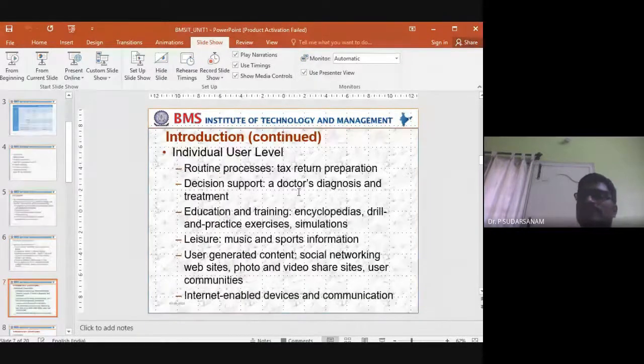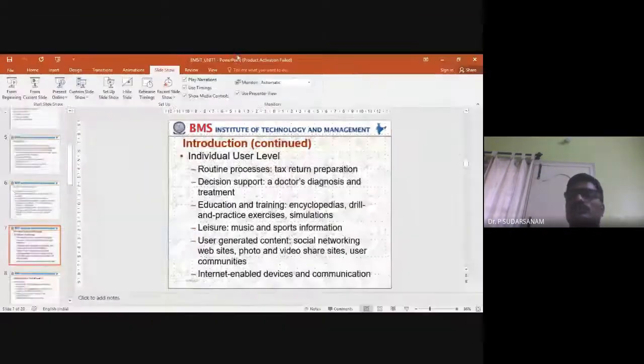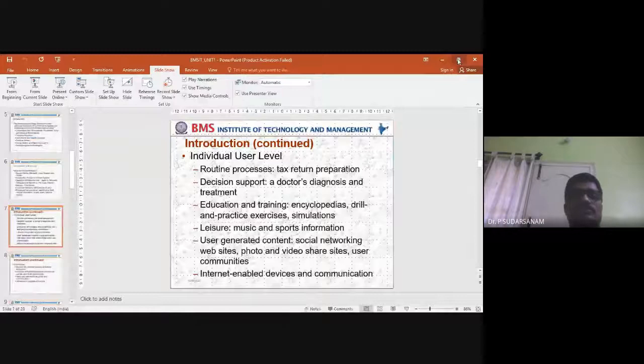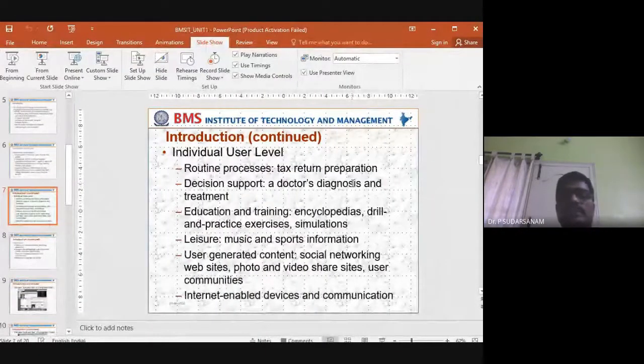Still we have many examples. At the individual user level, if you go for individual, the first one is routine processes.